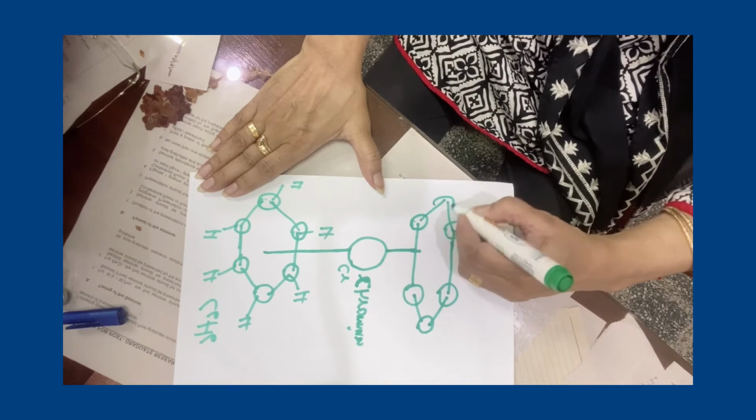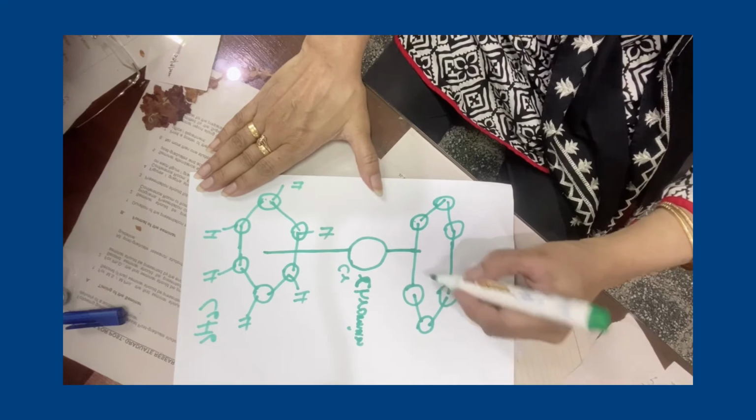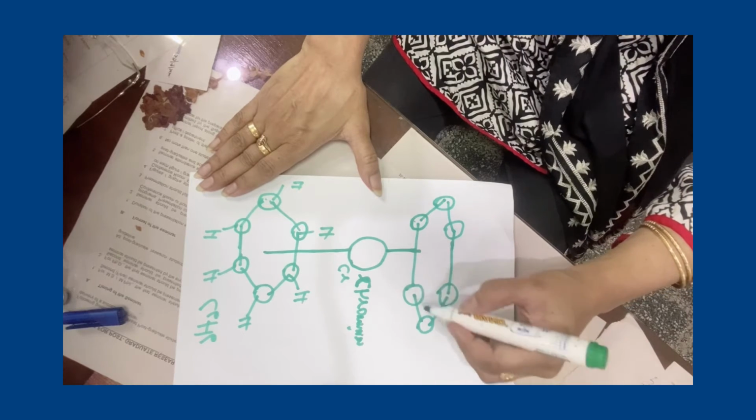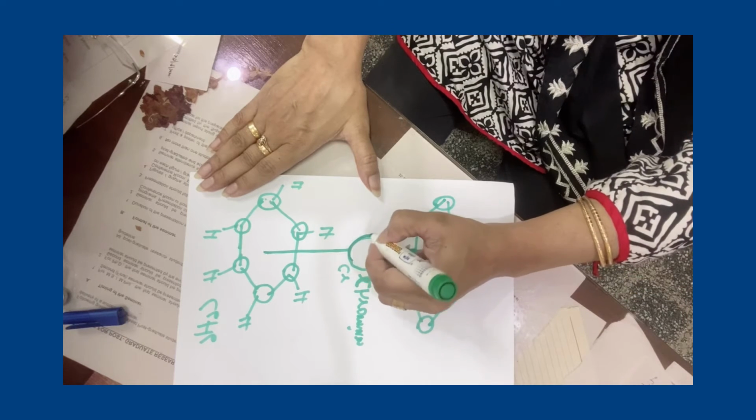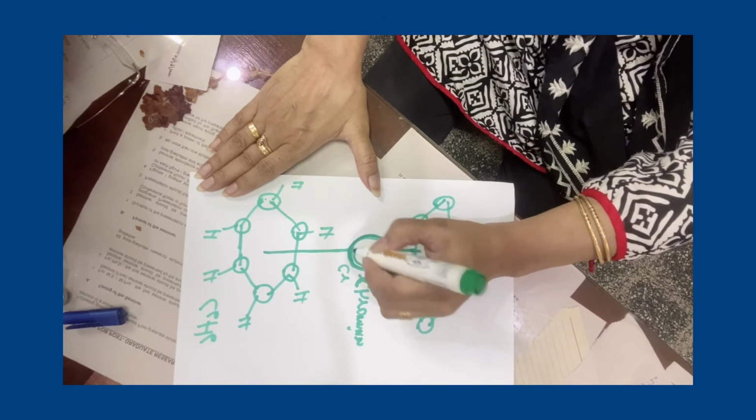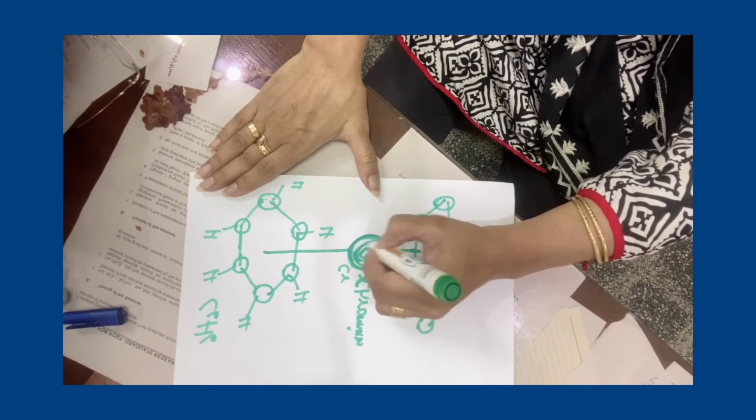My drawing is not good. The benzene ring becomes a little bit uneven from the side. So this is the benzene ring, the two benzene rings, and this is the atom, the chromium metal, the metal that is between them.